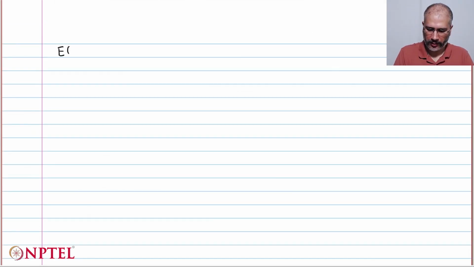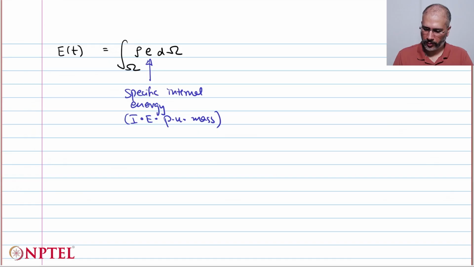Also, we had the internal energy, that is capital E, which we'll write as an integral over the volume of rho times small e d omega. So this quantity small e is called the specific internal energy, which is basically the internal energy per unit mass.